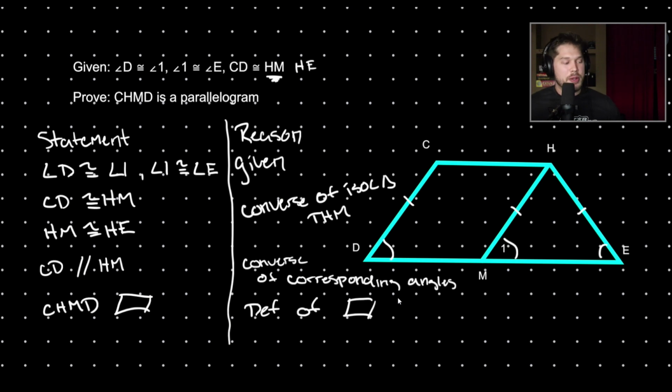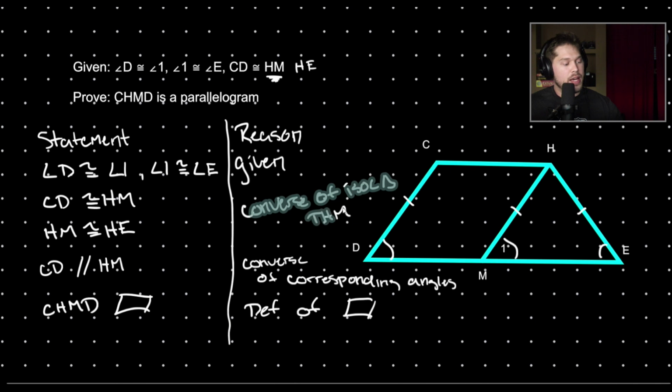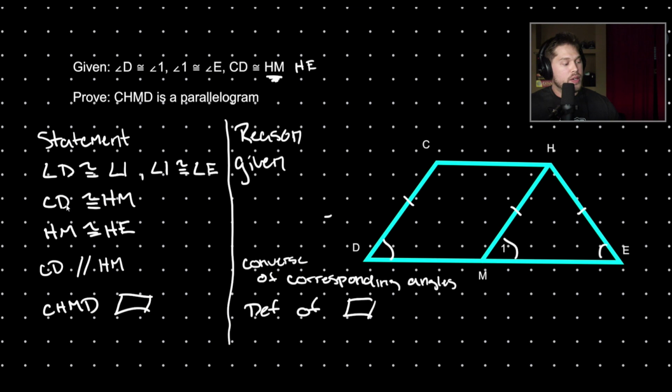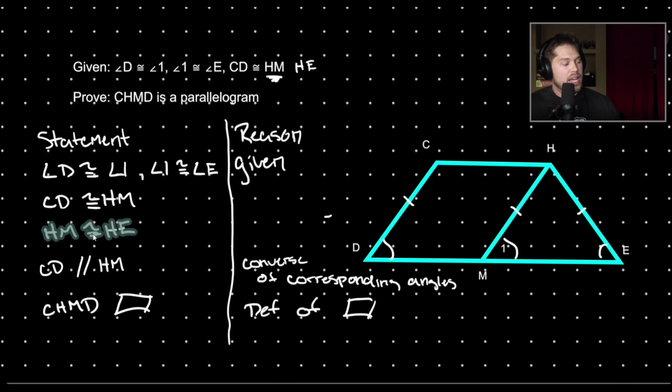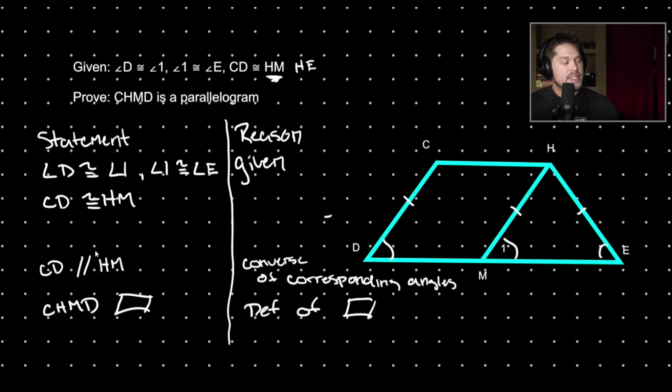In this case, it was a little bit simpler in that CD was already given to us to be congruent to HM, and the fact that D and 1 was also given to us to be congruent, we could just erase this middle step where we use the converse of the isosceles triangle theorem. We can erase that, and we can immediately just say, by the converse of corresponding angles theorem, CD is parallel to HM, therefore our shape is a parallelogram. So there was 3 proofs.